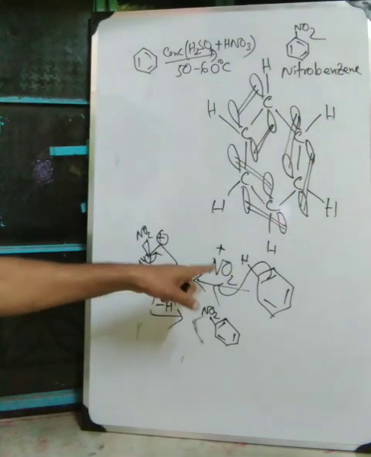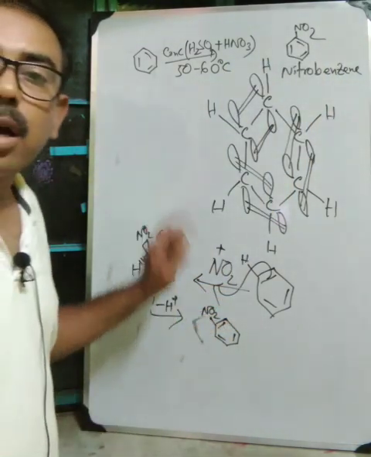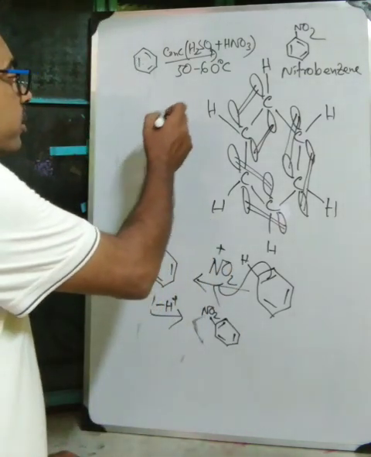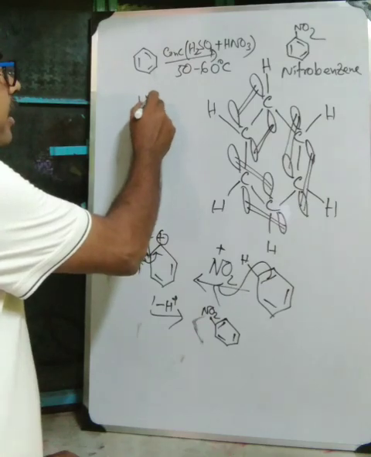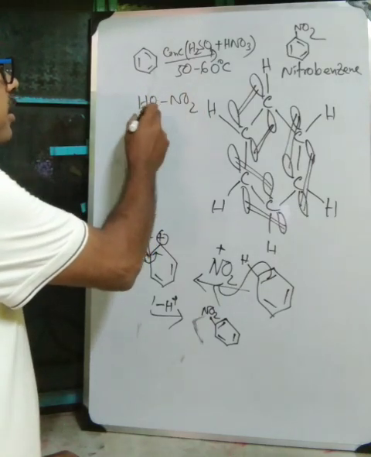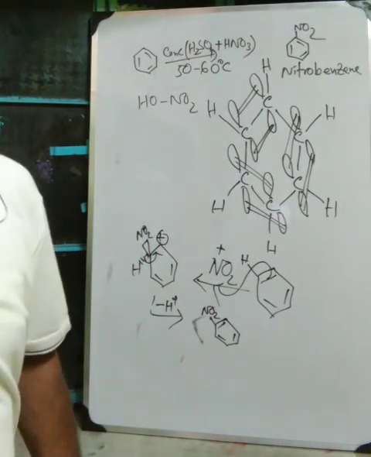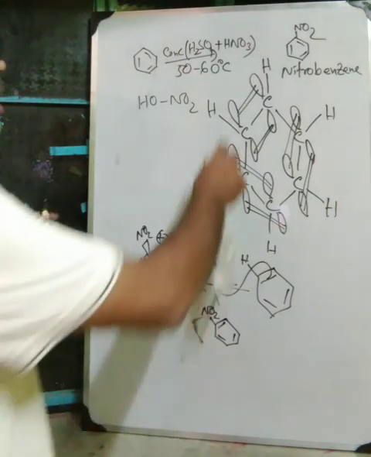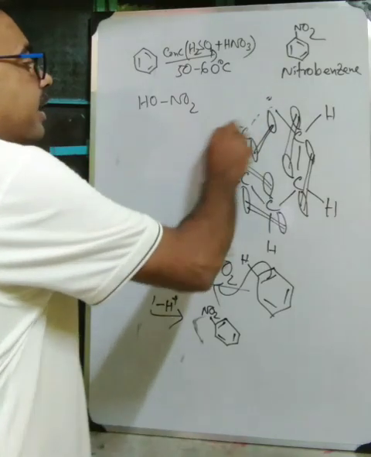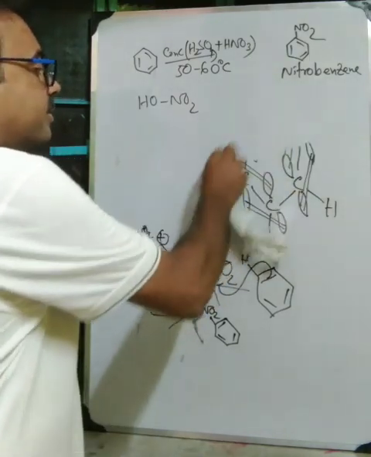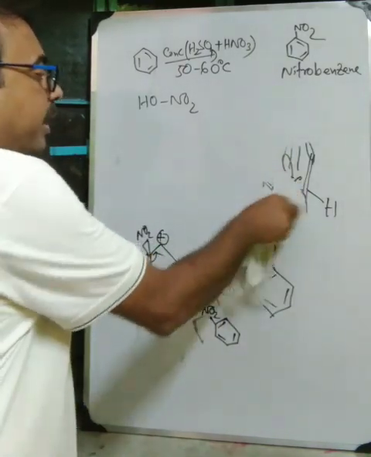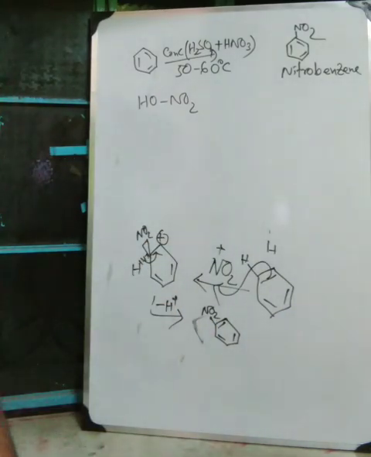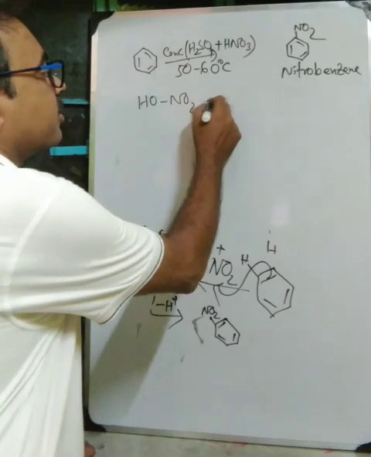Okay, the mechanism for substitution is here, but how is the nitronium ion, NO2 plus ion, formed? HNO3, we can write HNO3 as HO bond NO2, right? If sulfuric acid is given, sulfuric acid being a strong acid, it can donate H plus ion, or it can get ionized to form H plus ions.